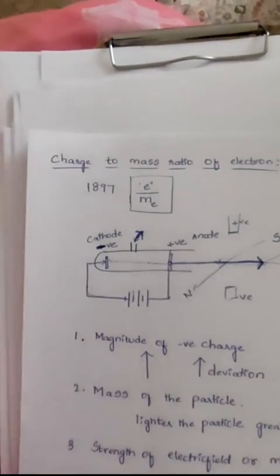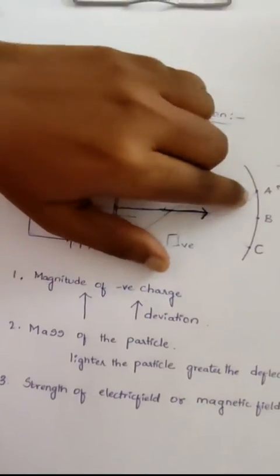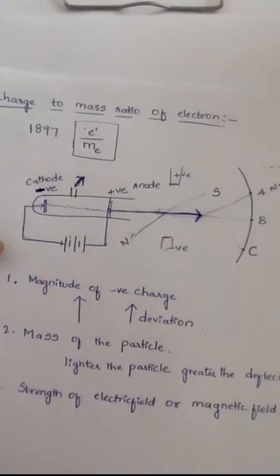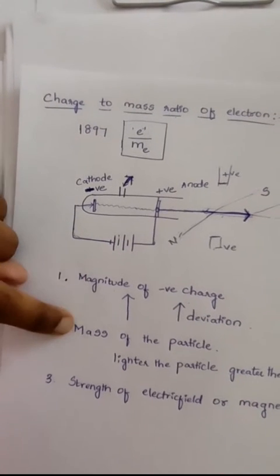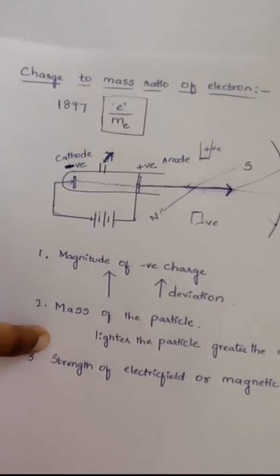So he argued that the amount of deviation of a particle in an electric field or magnetic field depends upon the magnitude of negative charge, the mass of the particle, and the strength of the electric field or magnetic field.